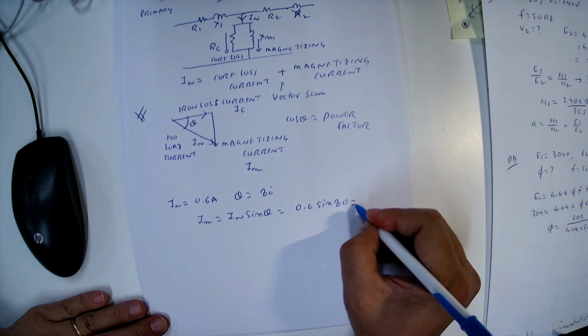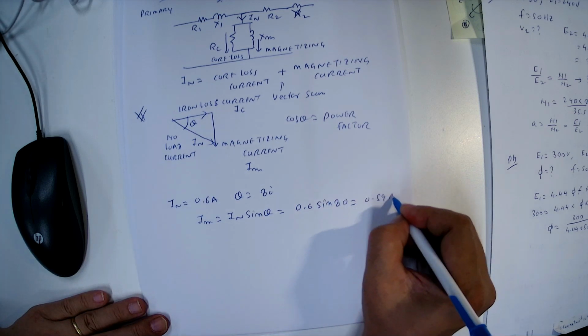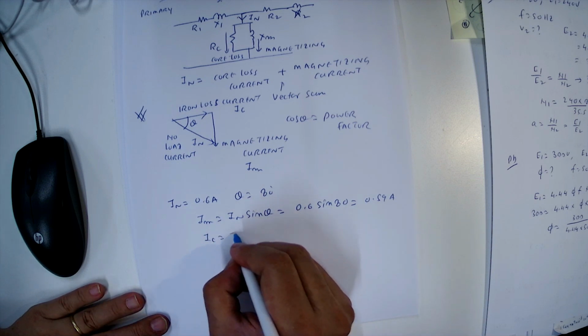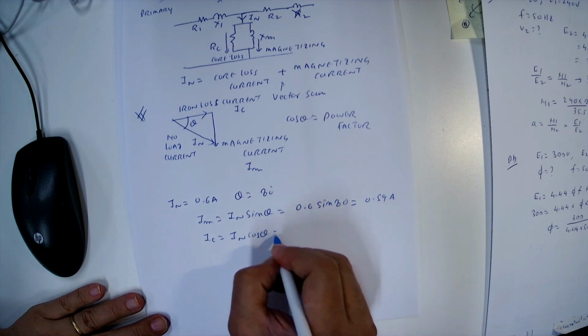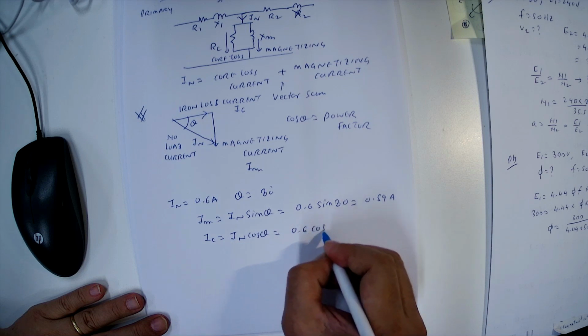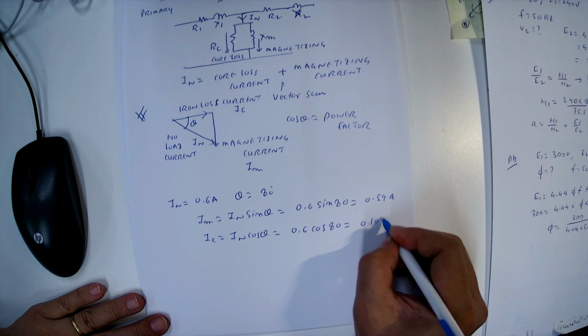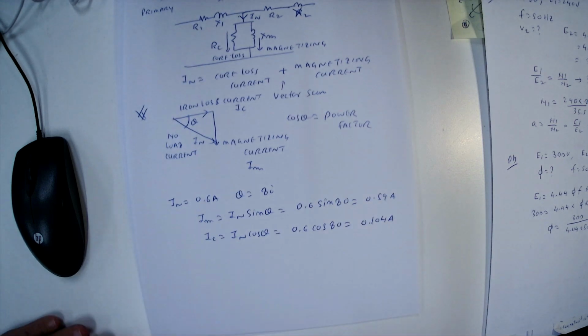That will be 0.59 ampere. I_C, the core loss or iron loss current, equals I_N cos theta, 0.6 cos 80. So that will be 0.104 ampere. So this is the way we calculate for the transformer no load.